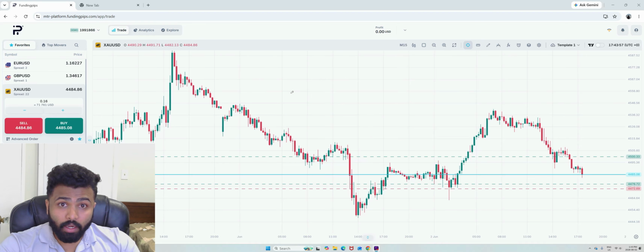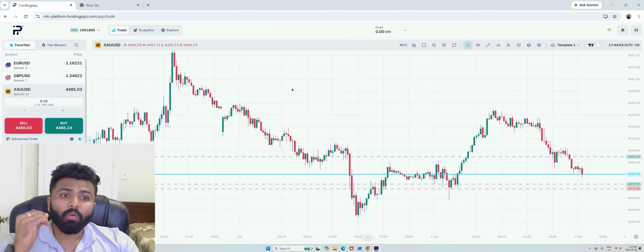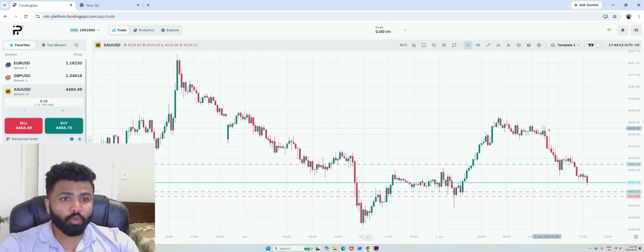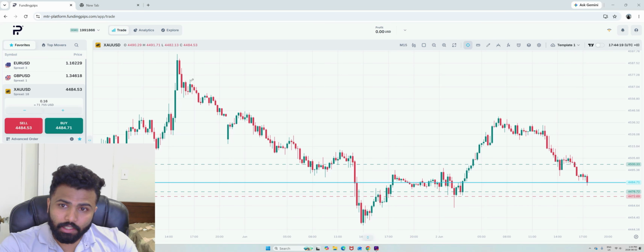Now what is a trend and how to identify a trend? What are lower highs? What are higher highs? And how does a trend form? We'll start with this trend. As you can see, this is a 15-minute candle. Right here, the market is continuously coming down. You can see a fall.